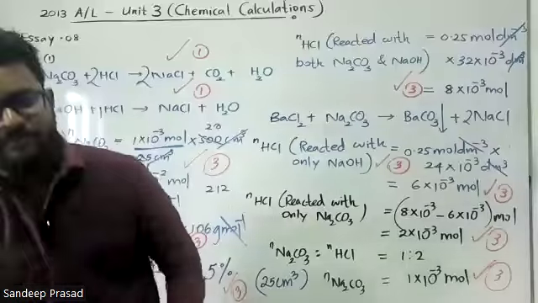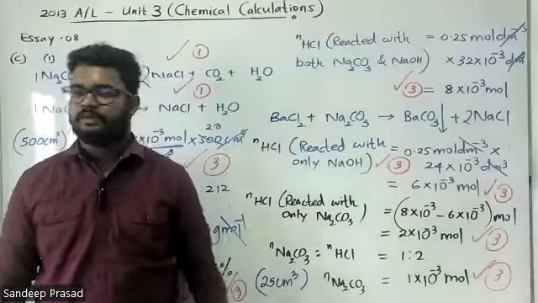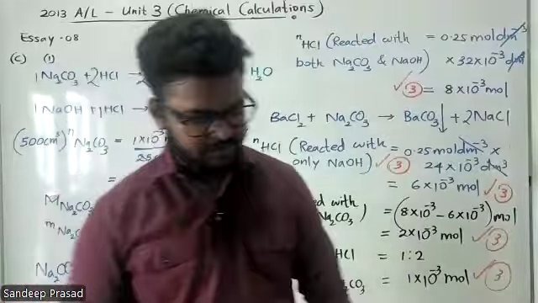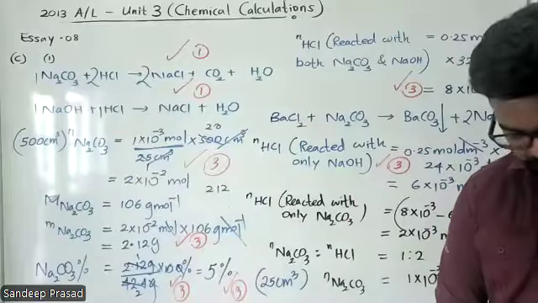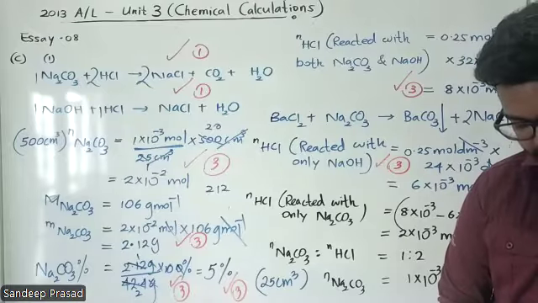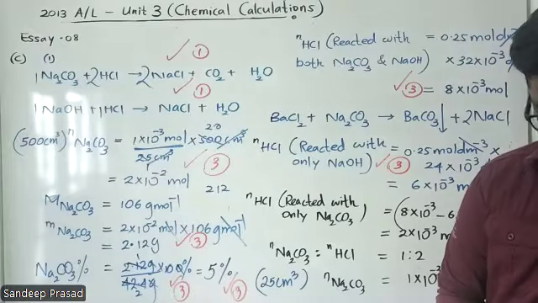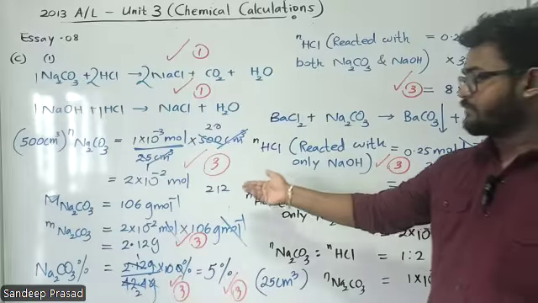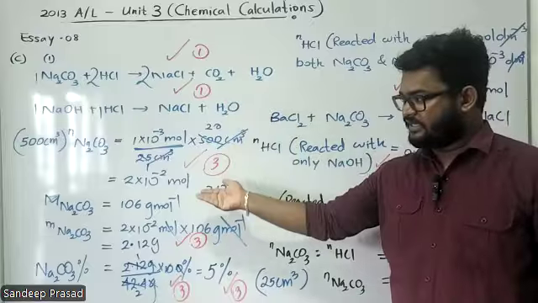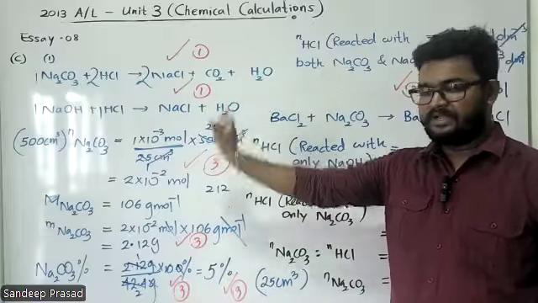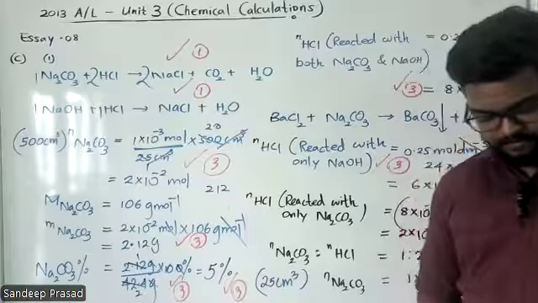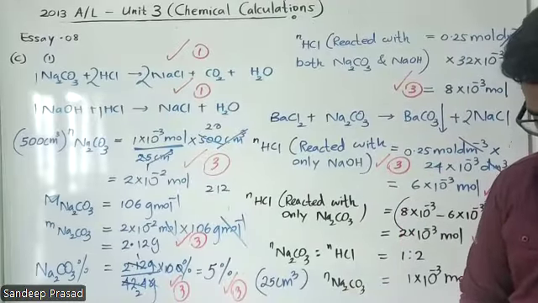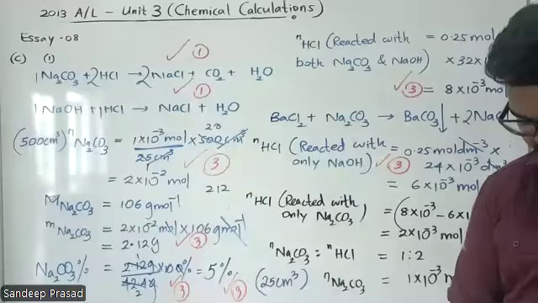Yes, all the sodium carbonate converted into barium carbonate, right? All the sodium carbonate converted into barium carbonate without any sodium carbonate remaining in the solution. Otherwise, this calculation is wrong. If sodium carbonate remains without precipitating in the second process, then when we add HCl, that HCl can react with that remaining sodium carbonate as well. So therefore, we have to assume that all the sodium carbonate precipitated as barium carbonate.